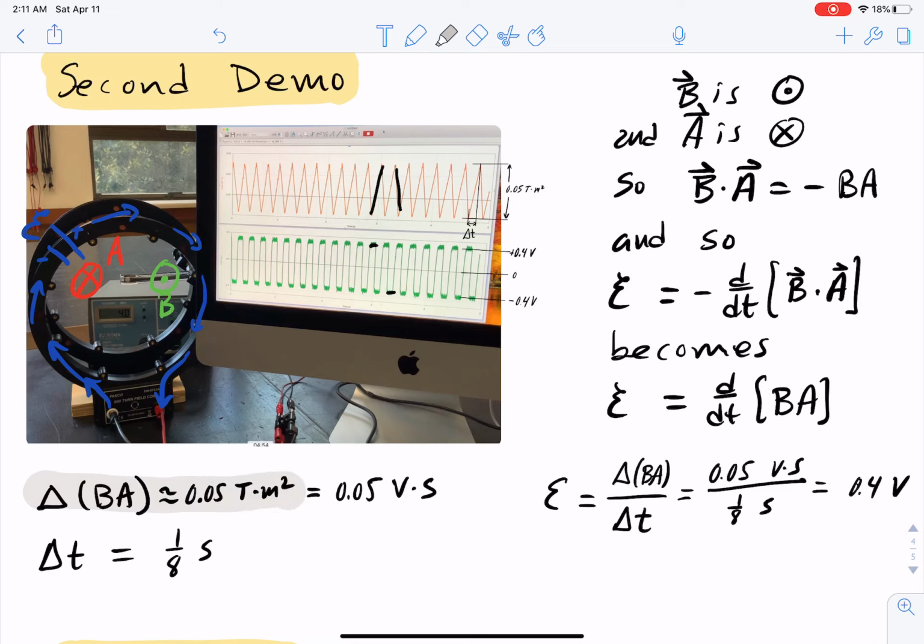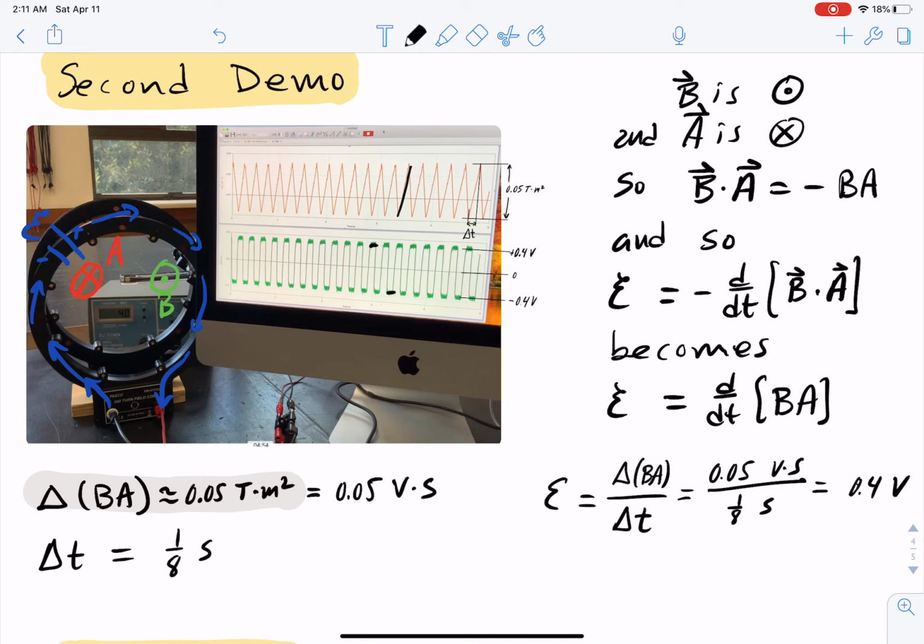Remember that in this experiment, I actually calculated, you remember you can make a new calculated column. I used the measured magnetic field multiplied by the area of the loop. So that's what was actually in that graph. Okay, so the net change from the bottom to the top is about 0.05.